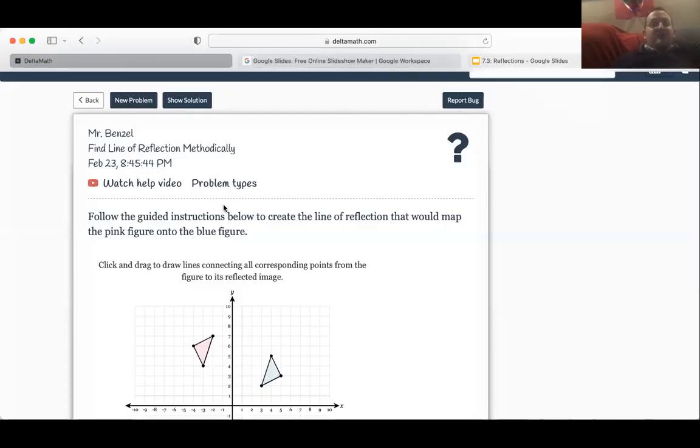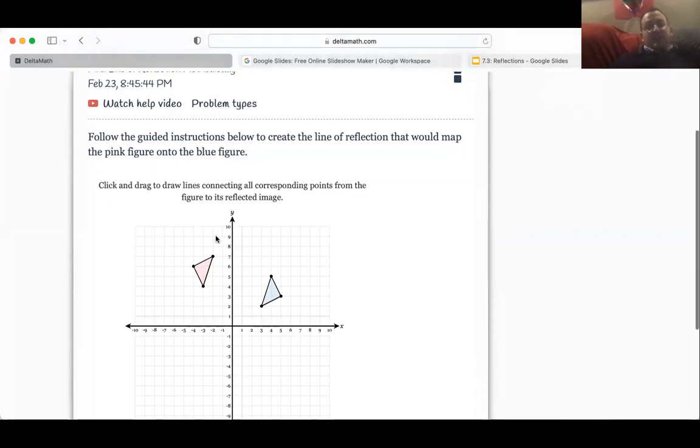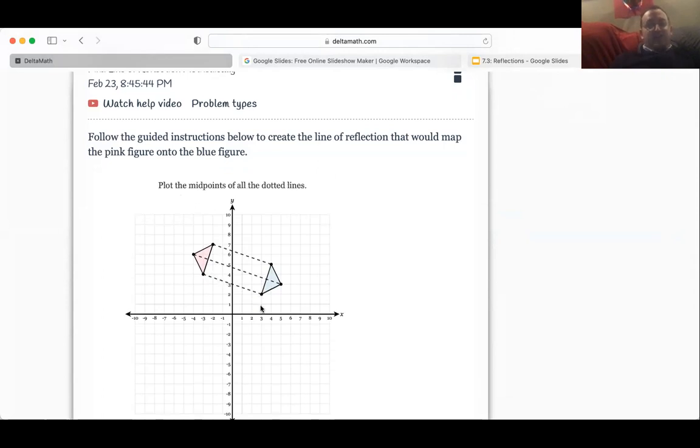The last thing I want to show you today is called Find the Line of Reflection Methodically. This is actually a guided question. It says, click and drag to draw lines connecting all corresponding points from the figure to its reflected image. So you're just matching these corresponding points and creating the outline of the reflection.